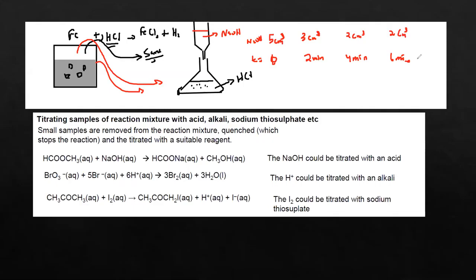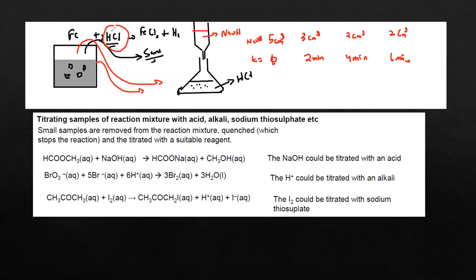So what does it show? In the beginning we need a greater amount of sodium hydroxide because HCl is a reactant, so in the beginning you have a greater amount of reactant, and that's why you need more sodium hydroxide for titration or neutralization. But as you take out sample 2 after 2 minutes, as hydrochloric acid is a reactant, the amount of hydrochloric acid in the sample will be less.